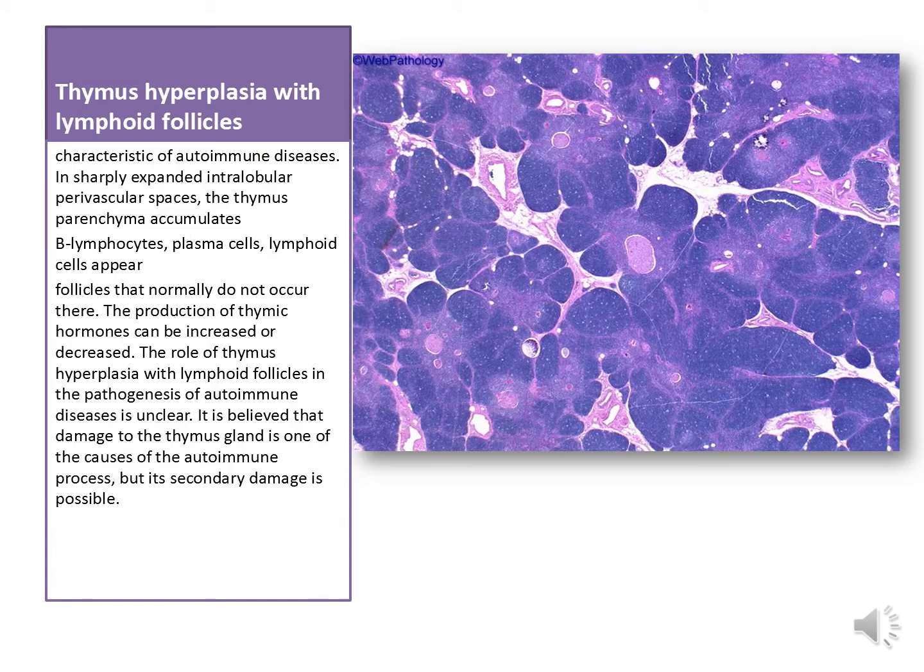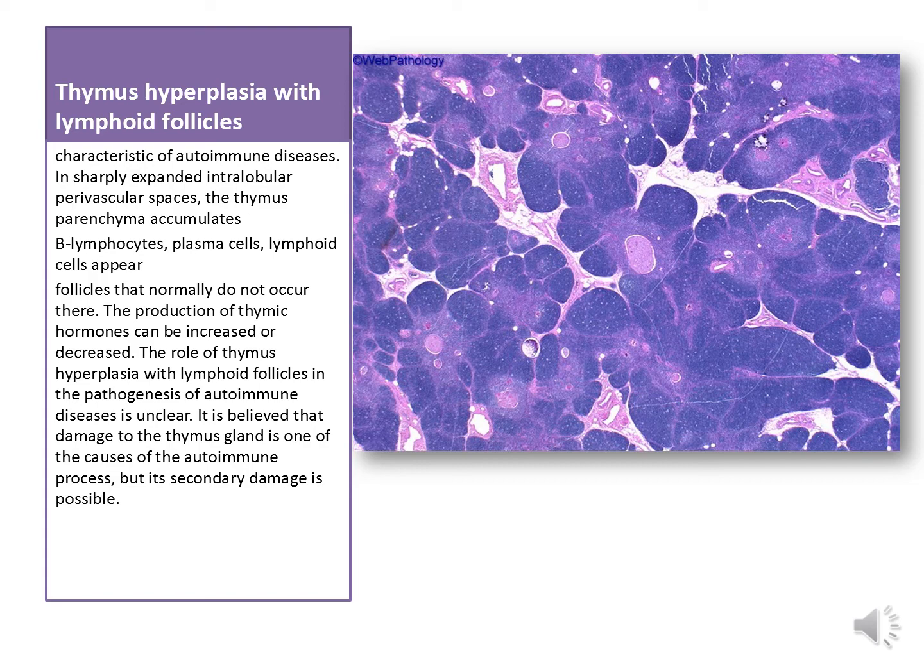Thymus hyperplasia, as you see on the picture, the right section of these slides, is characteristic of autoimmune diseases. You see many lobules, and we see that thymus parenchyma accumulates B cells, plasma cells, lymphoid cells, and production of thymic hormones can be increased or decreased.